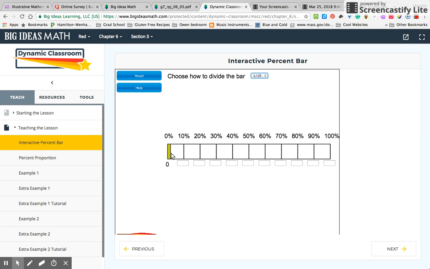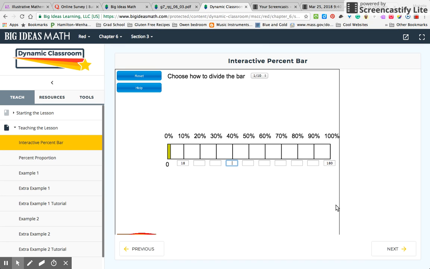So roughly, if this is 18 and this is 180, we know that each one is worth 18, and 45% would be 81. So the answer is 180.